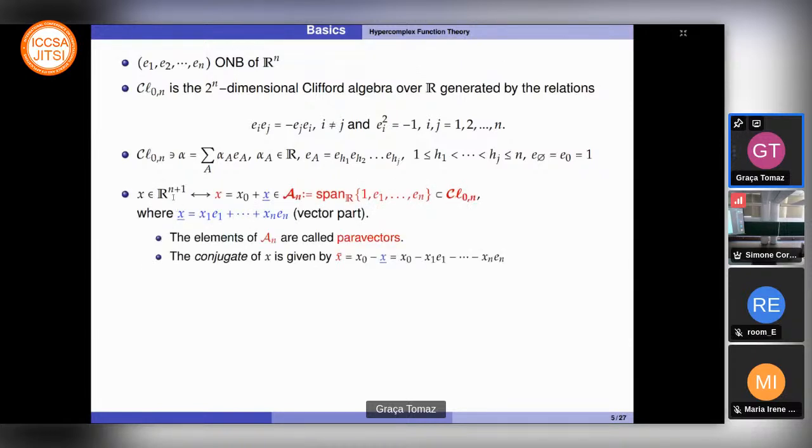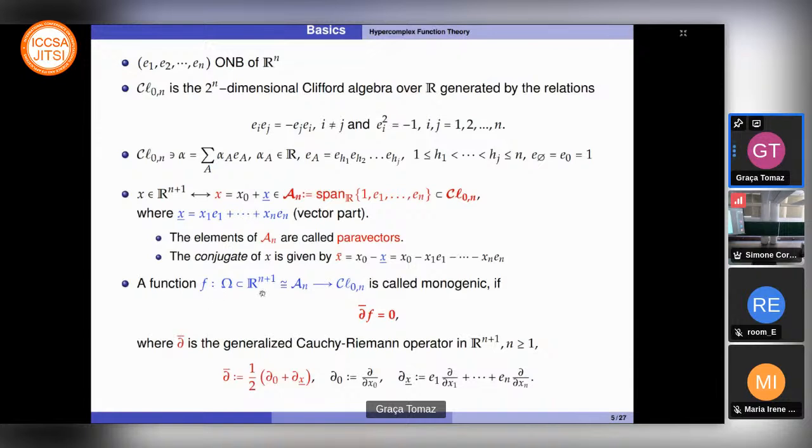R^(n+1) is embedded in the Clifford algebra by identifying this element of R^(n+1) with an element of this subspace of Cl. This element is called a paravector and has a scalar part and a vector part in this form. Like in the complex case, x bar is the conjugate of x.